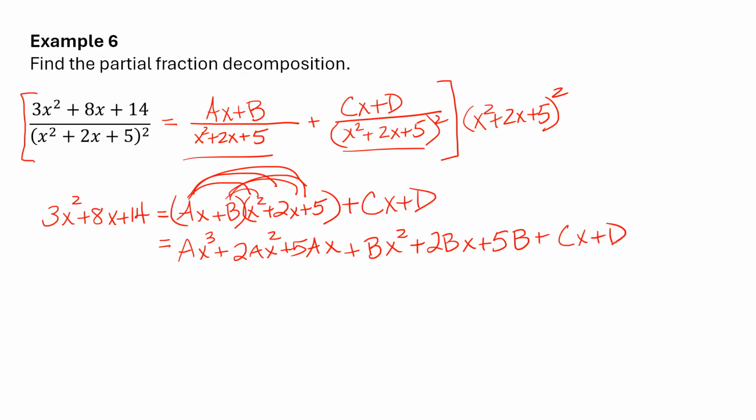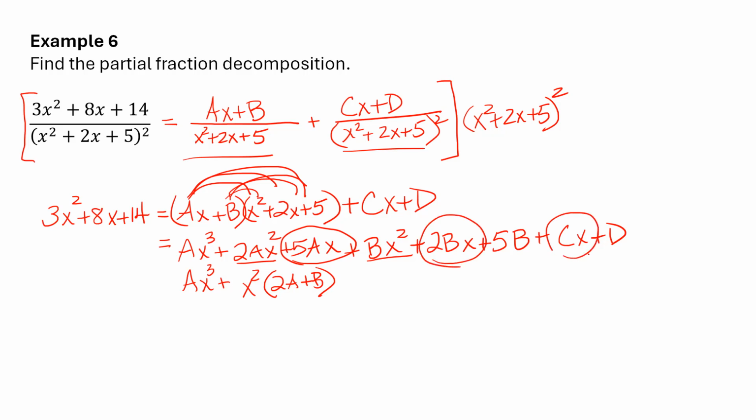All right, now I'm going to arrange my powers of x. So I've got my ax cubed, and then I've got 2ax squared and a bx squared. So I'm going to go ahead and factor out that x squared. So I'll have 2a plus b for that term. And then I'll look at my x terms. I've got a 5ax, a 2bx, and a cx.